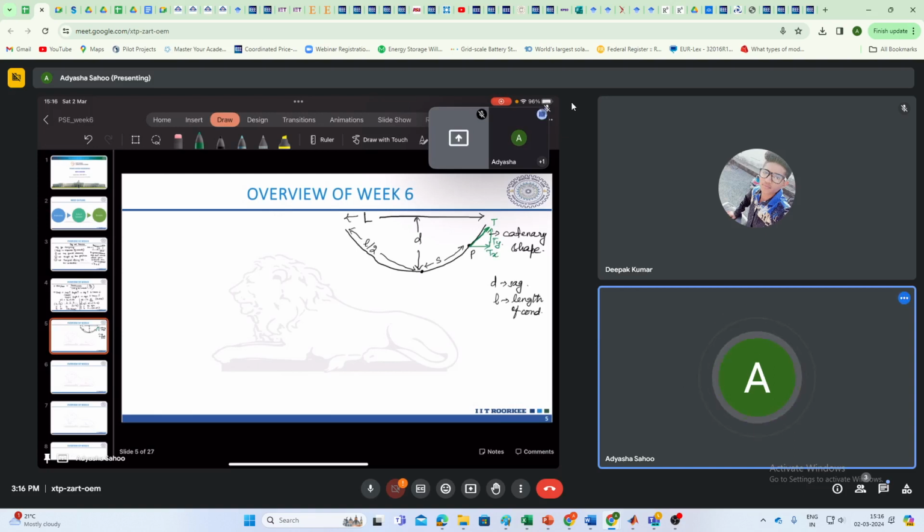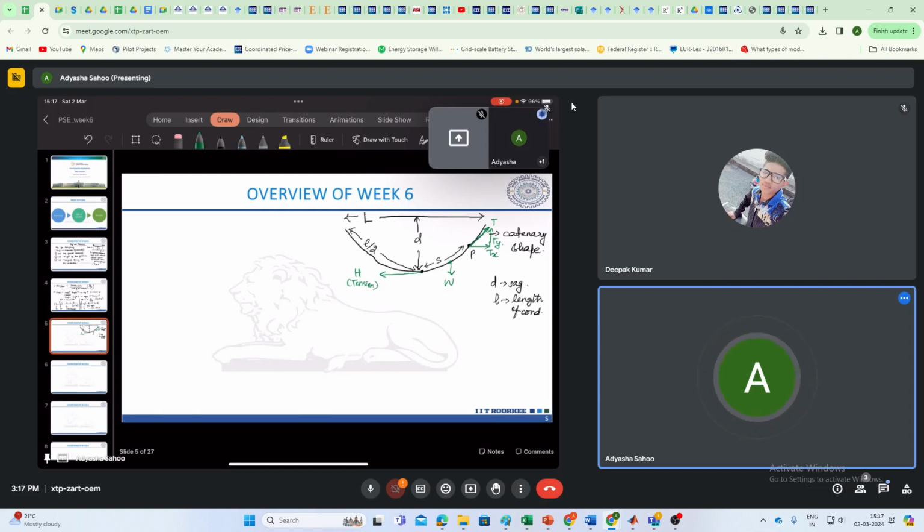This horizontal component will be balanced out by this tension H. And we consider that this is your S length. This force due to its mass W, where W is the weight per length, right?